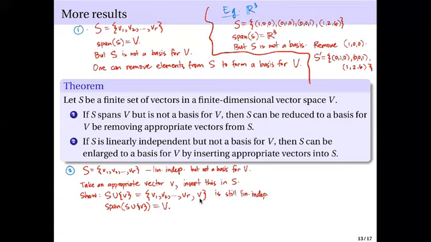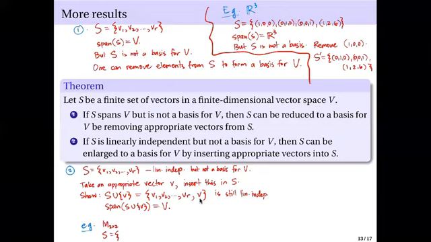For example, let's look at M22. And then let's have S. So we have M22.